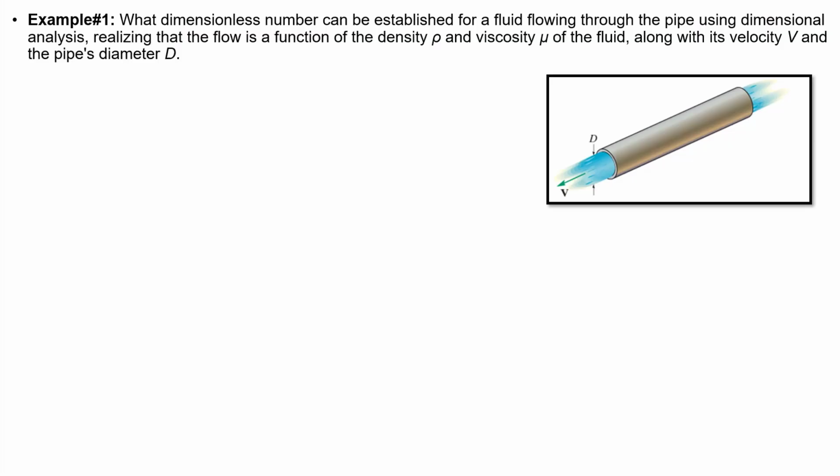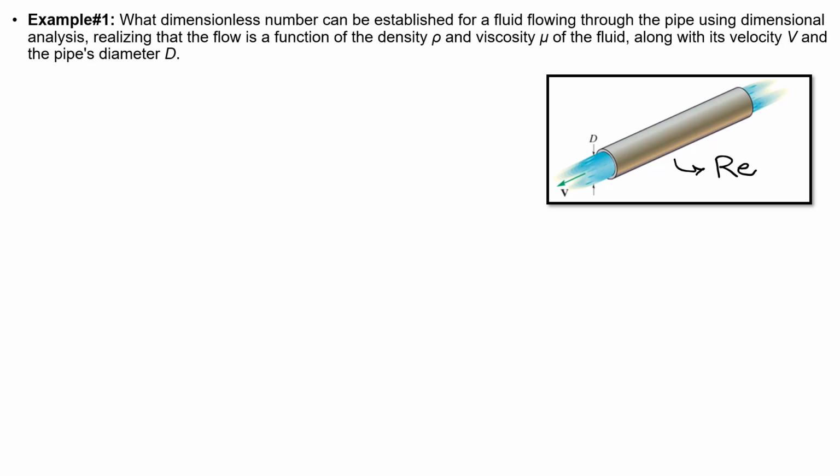In this example, we have been asked to find a dimensionless number that can be established for a fluid flowing through the pipe using dimensional analysis. We already know that in pipe flow, the dimensionless number that we have been using is Reynolds number, right? So we are going to use dimensional analysis to confirm that we have been using the correct dimensionless number.